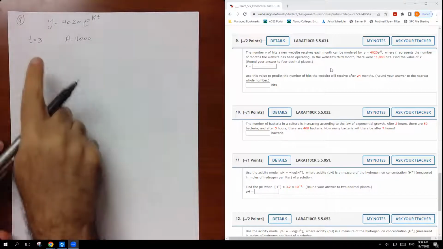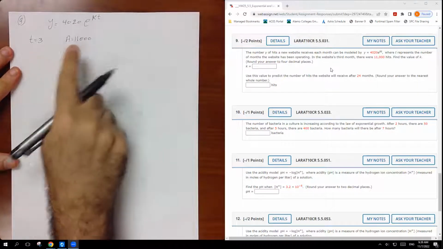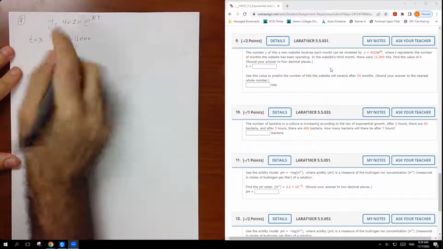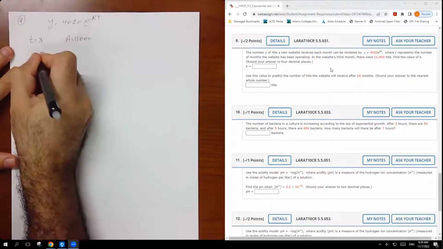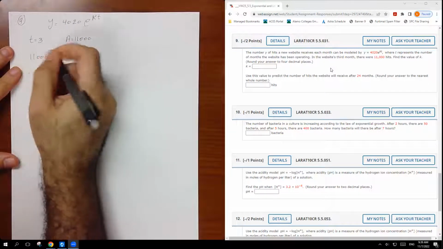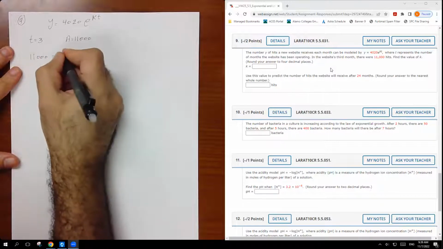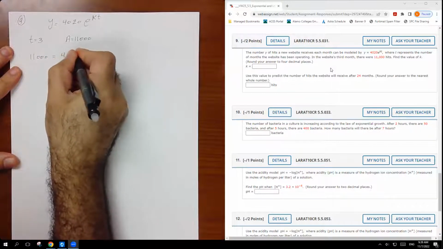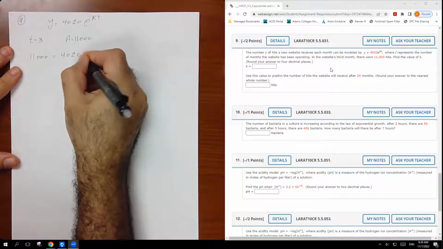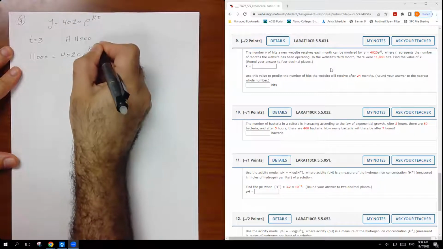So now we're going to find the value of K. 11,000 hits. So I'm going to plug in the formula. 11,000 hits equal 4020 e to the K, and the time is 3.